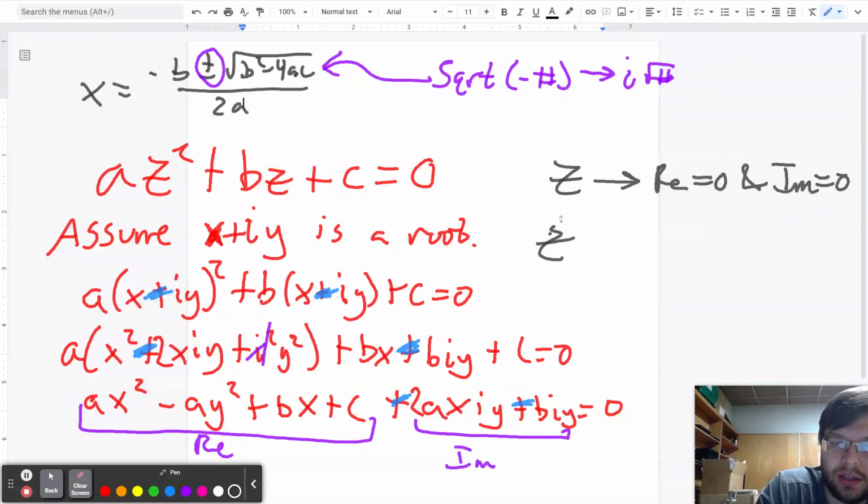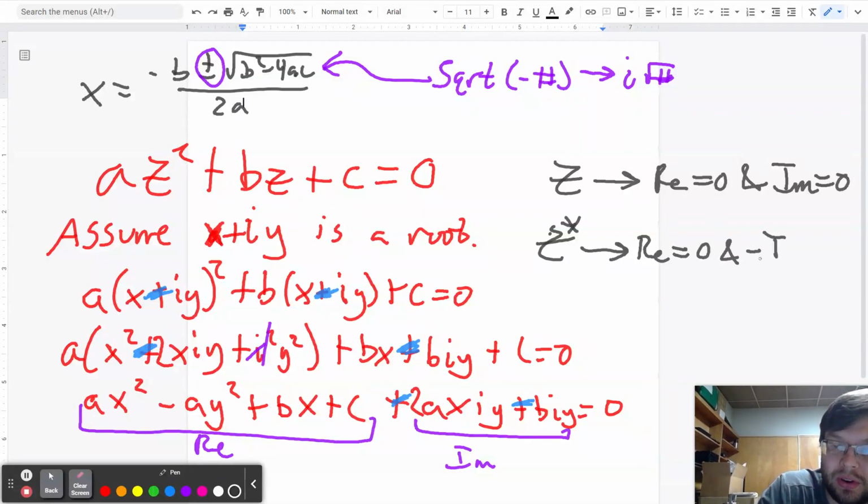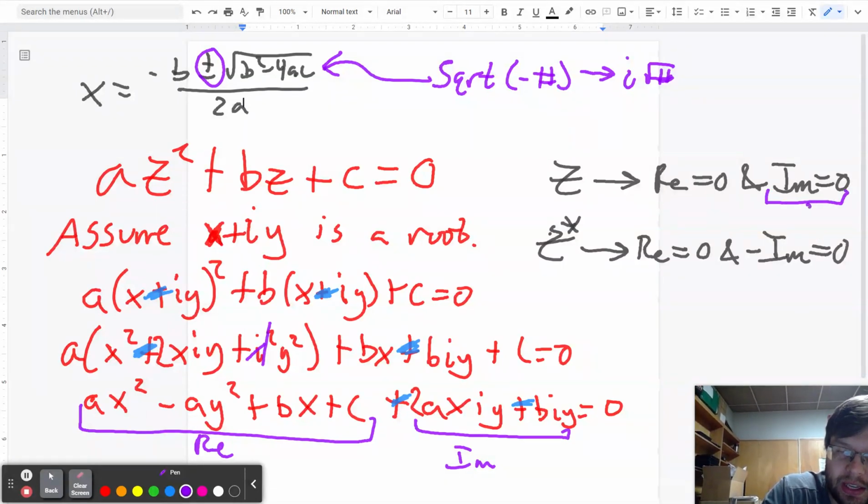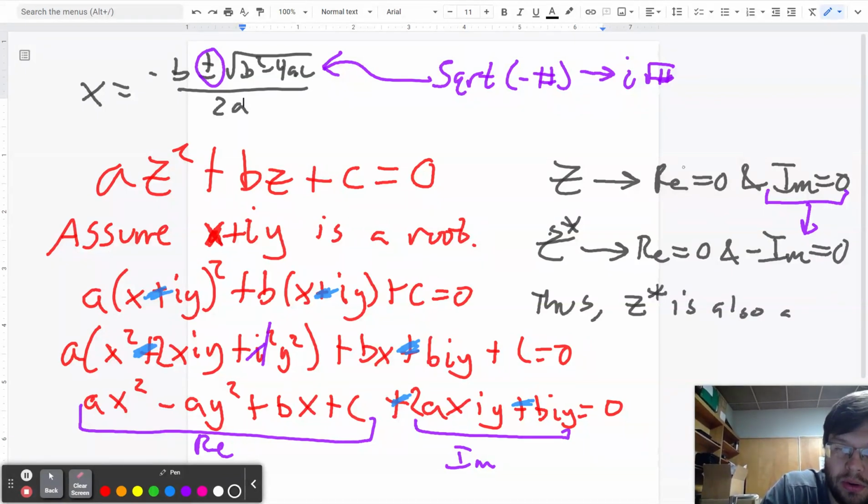When we plugged in our conjugate, we got the same real part and we got the opposite of the imaginary part. Well, if the original real part equals 0, then this must also be true. Thus, z star is also a root.